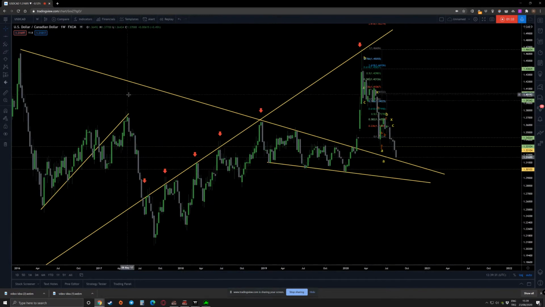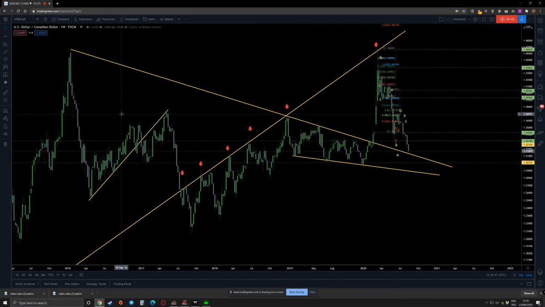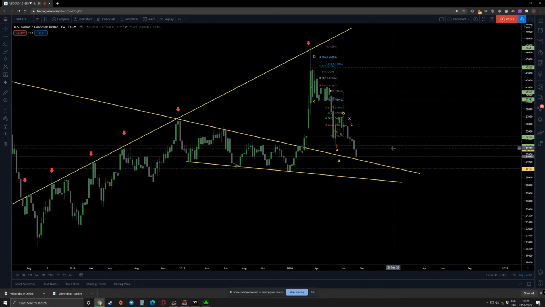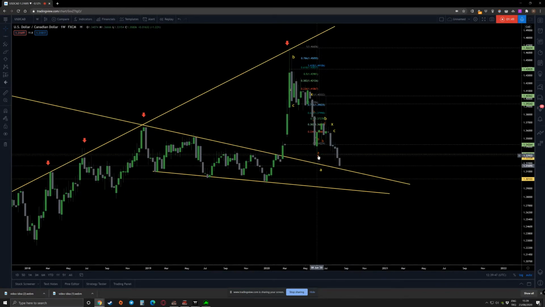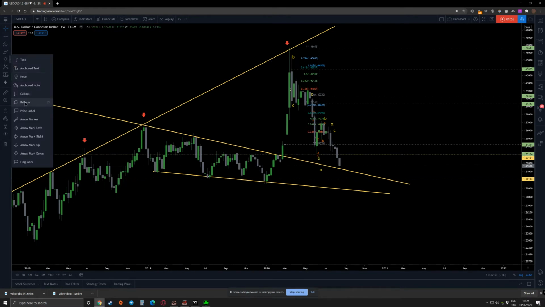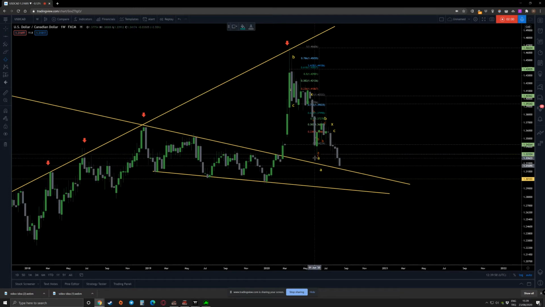And also, now that we are close to here, these are dynamic support and resistance levels, and we also have this horizontal line that did work very well. We had this move down when the market first pulled back down, and it acted as support right here.